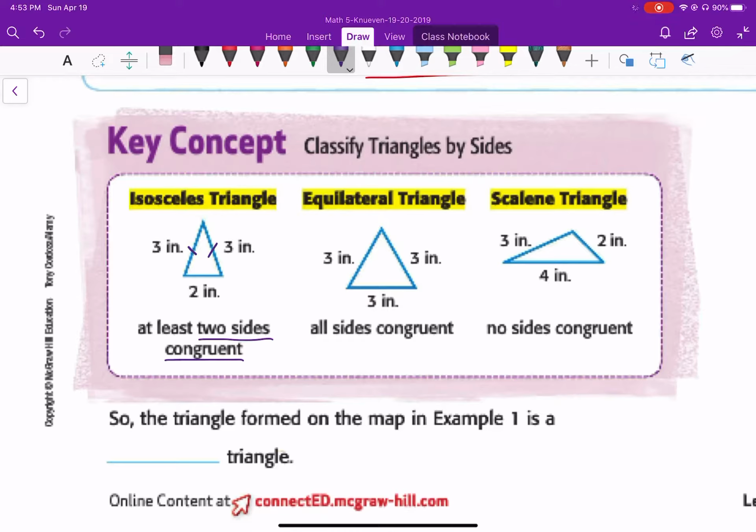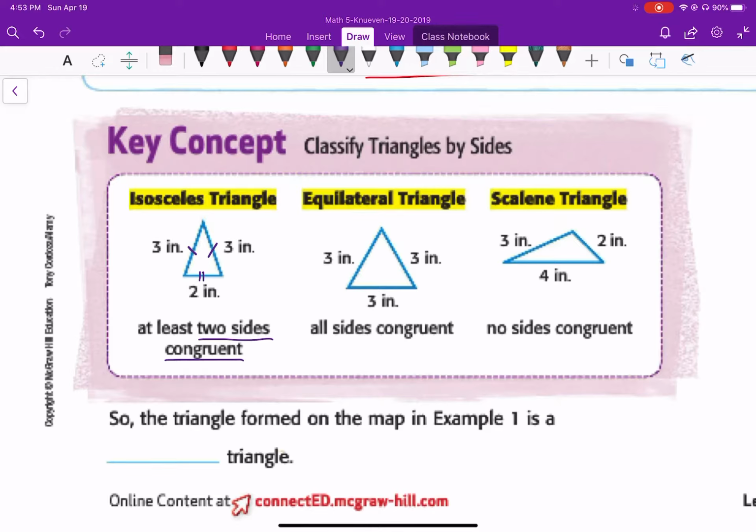I'm going to use a little hash mark, 1 on each of those. Since I have 1 on each, that means those are the same. I'm going to put 2 hash marks on the bottom side because it's a different length. I'm not putting 2 lines there because it's 2 inches, but just to show that this is different than those other 2 sides.